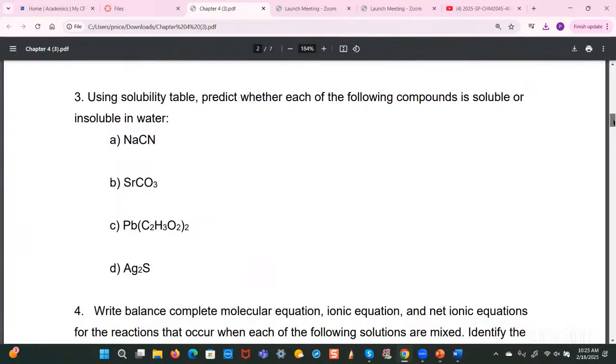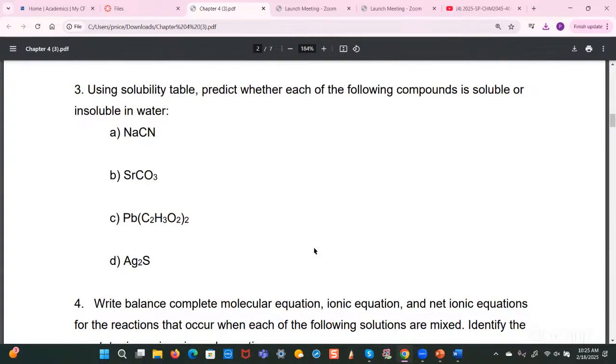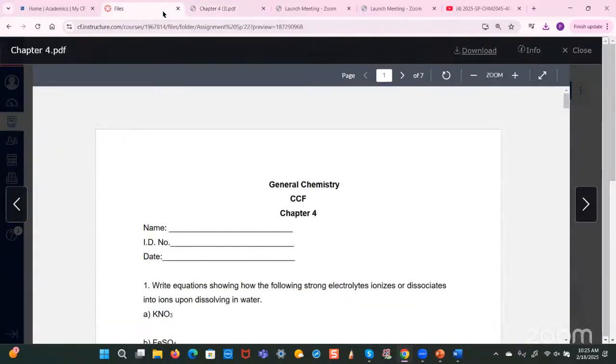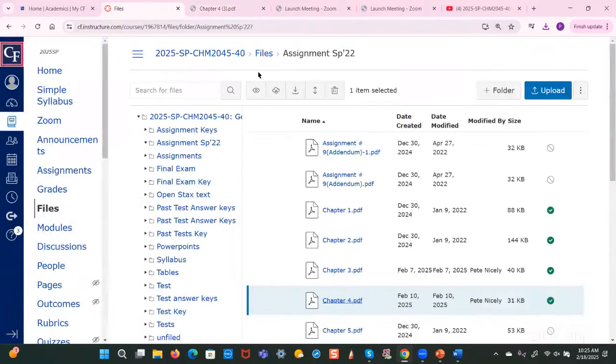Okay, let's take some time to do some of these. So number 3 says using the solubility table, predict whether each of the following compounds is soluble or insoluble in water. Now, if you recall, the solubility table is, see if I can bring that up.